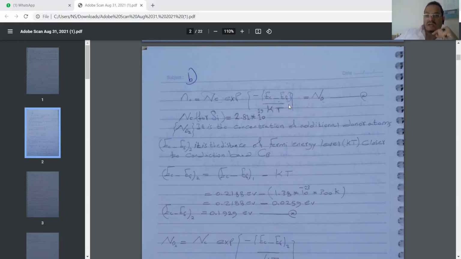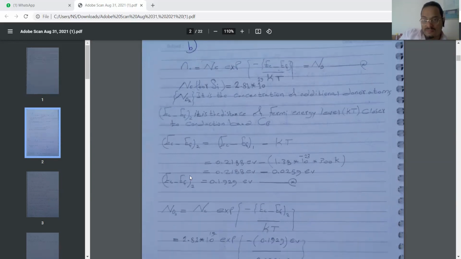When I have a new element, ND2, that means we have a new bracket, EC minus EF2, okay? Now let's solve that. Like I said, it is the distance of the Fermi energy level closer to the conduction band. We know the result for ND1, but we don't know the new donor concentration.